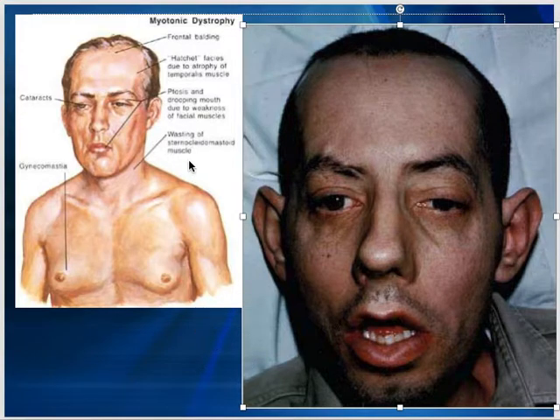One of the reasons it is called myotonic dystrophy is myotonia, which is delayed relaxation of muscle. I will tell you how to remember this.